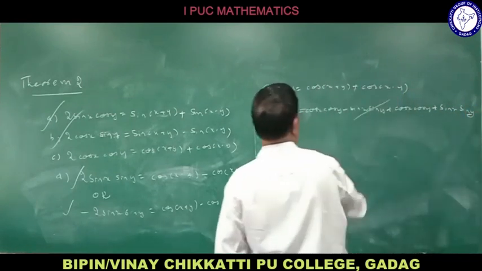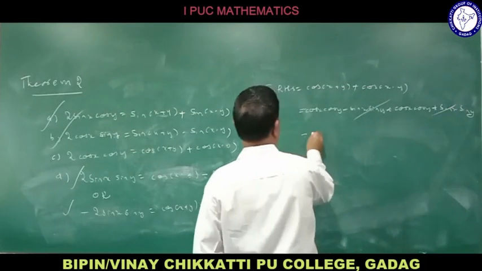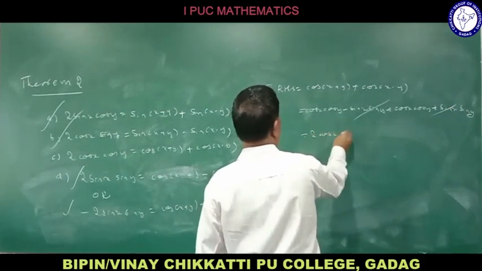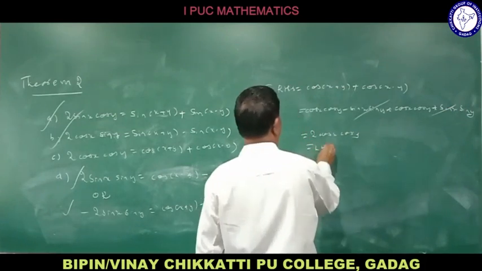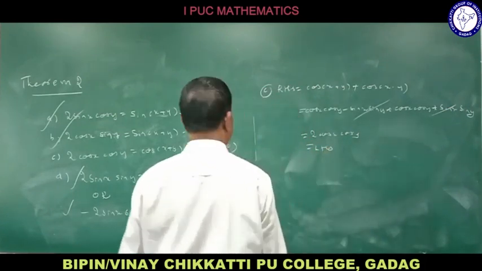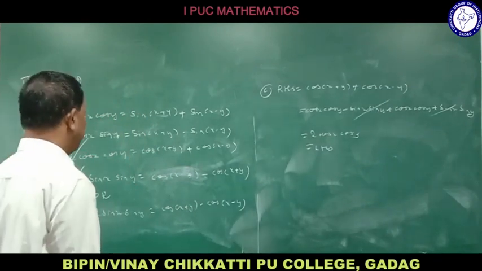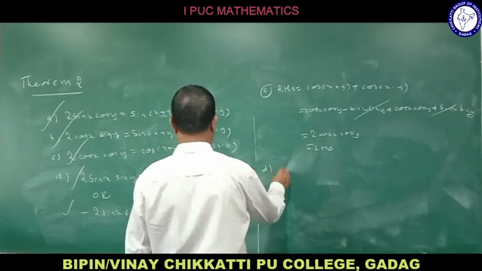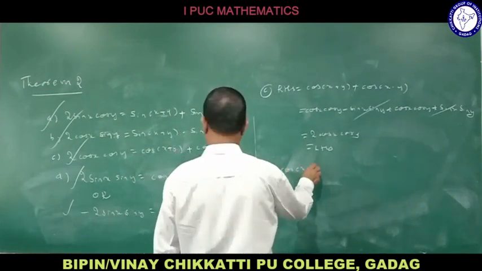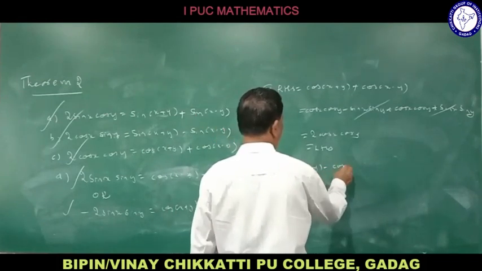So sin x sin y is cancelled. Then what have we got? This is 2 cos x cos y, you have got it. And this is LHS, 2 cos x cos y is there. Now I want to tell you about D. See what is D? Cos of x minus y minus cos of x plus y.